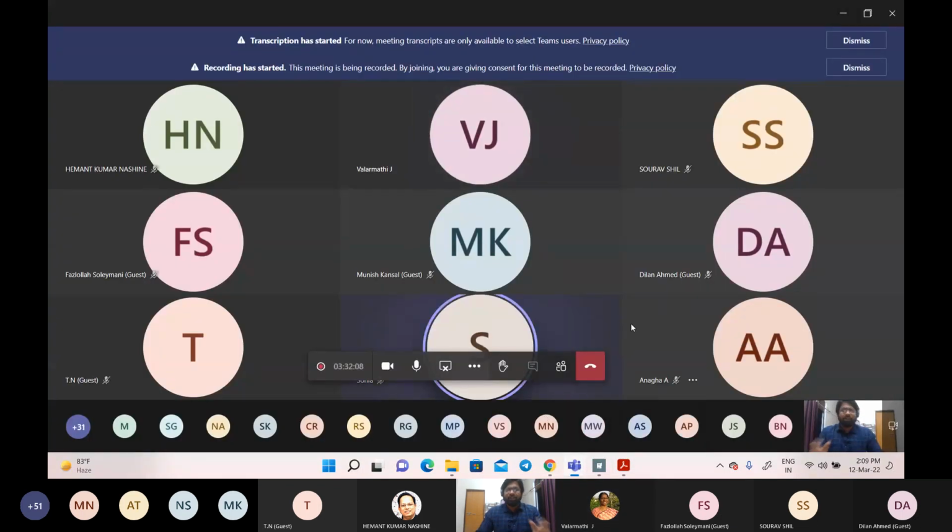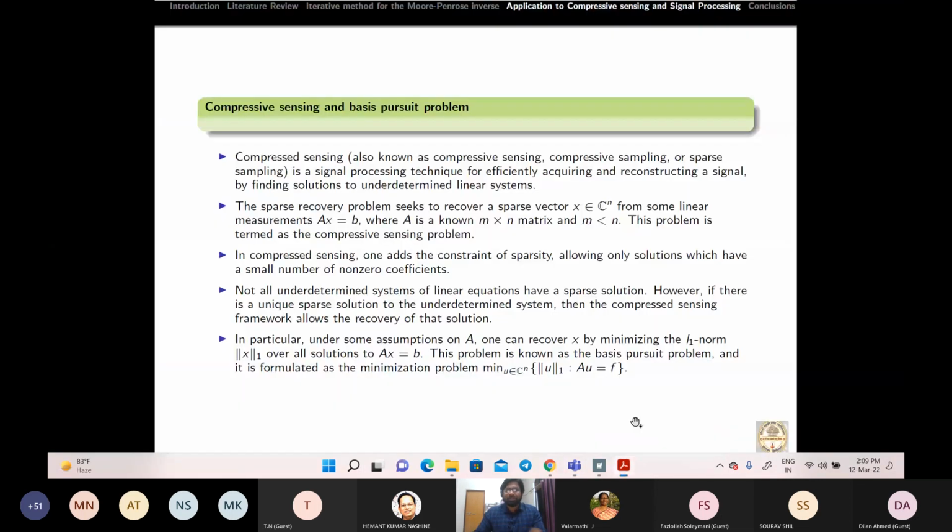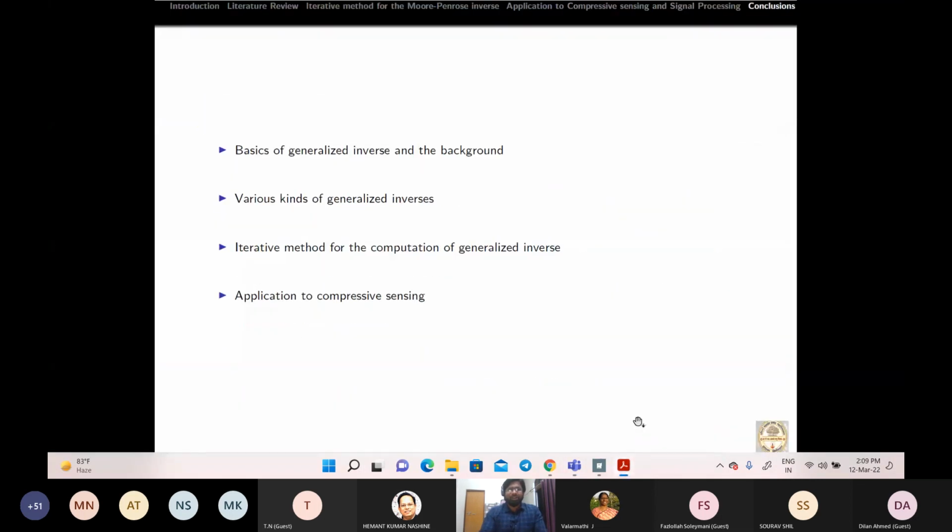If anyone is interested in compressive sensing or image processing and needs MATLAB code, I can provide all those codes, because very few papers have come from the generalized inverse area on this particular problem. If you are interested, you may ask me. I can provide all the codes in detail. I hope I was able to give you some basics, an introduction to the generalized inverse.